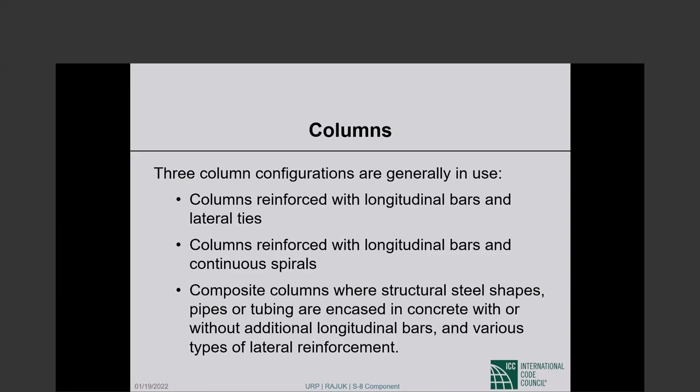One of the reasons I speculate is in, again, high seismic applications. The beam to column joint becomes very important, and we have a lot of reinforcement to place in that joint.